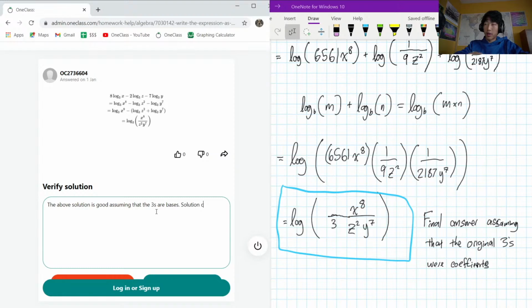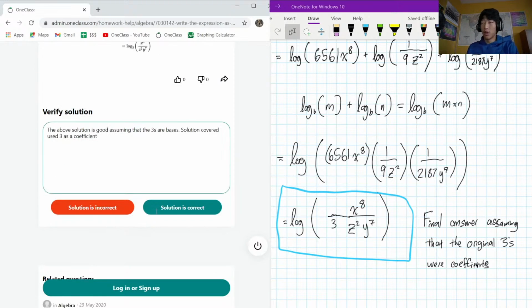Covered, use 3 as a coefficient. Okay, cool.